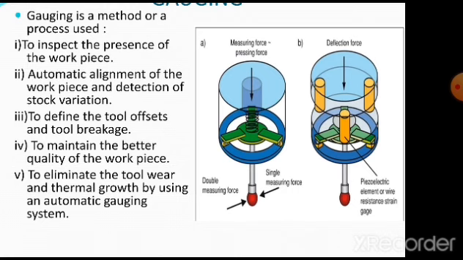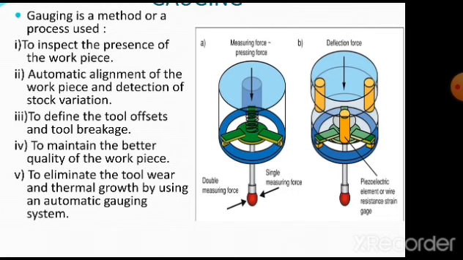Such a system is nothing but giving the offset value to the tools, so that the tool can carry out the machining operation properly. And also for tool breakage, to maintain the better quality of the workpiece. Even the workpiece quality can be maintained properly if a proper gauging system is used.